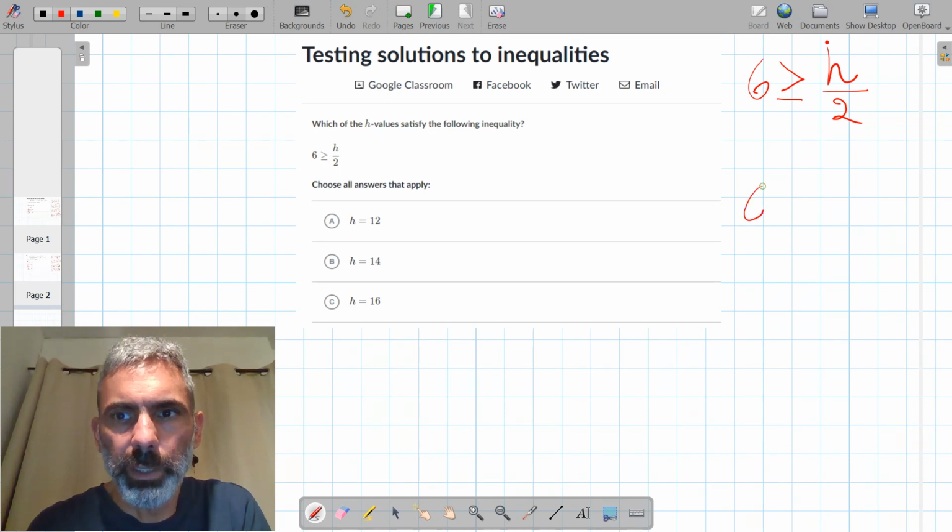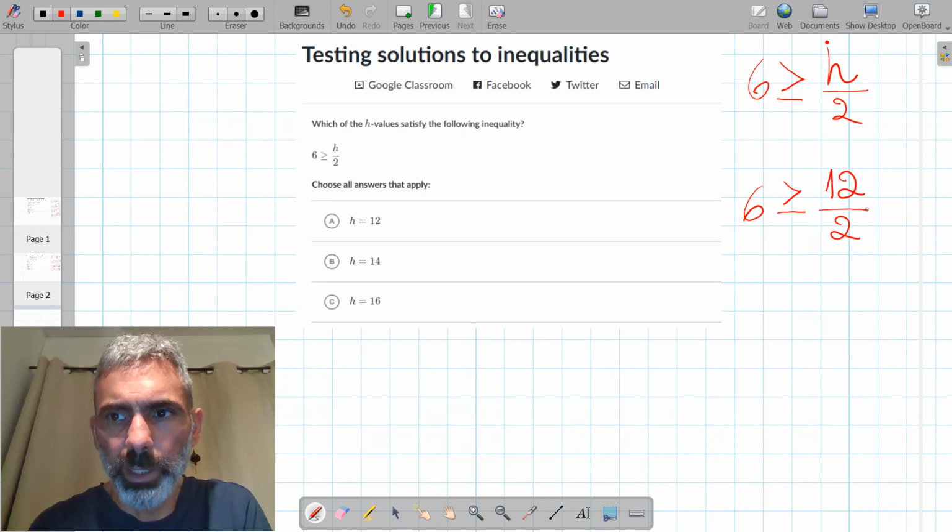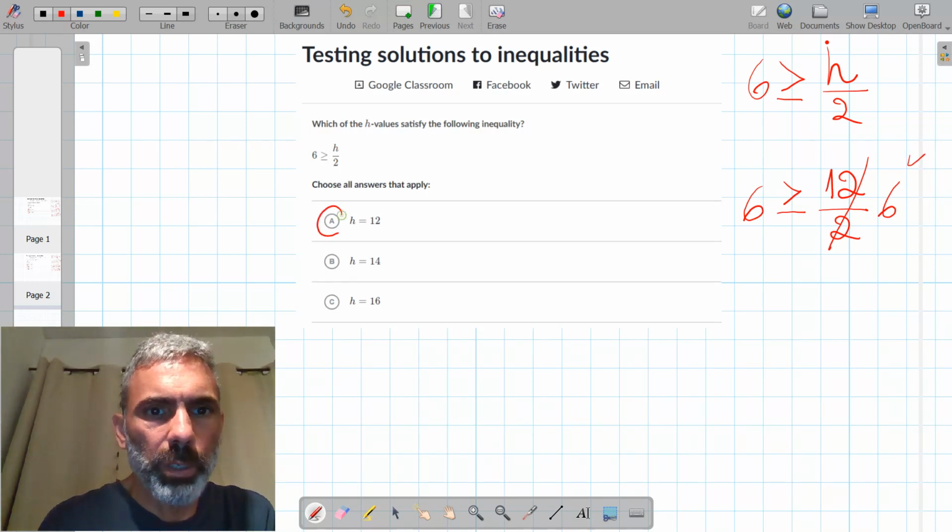So 6 is greater than or equal to 12 divided by 2. On the right hand side we have 6, because this simplifies to 6. 6 is greater than or equal to 6, yes. So option A is correct.